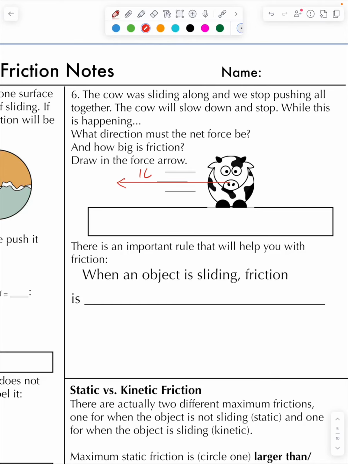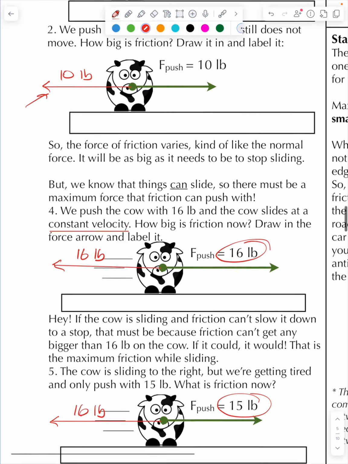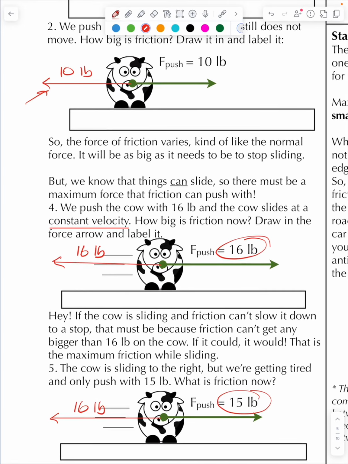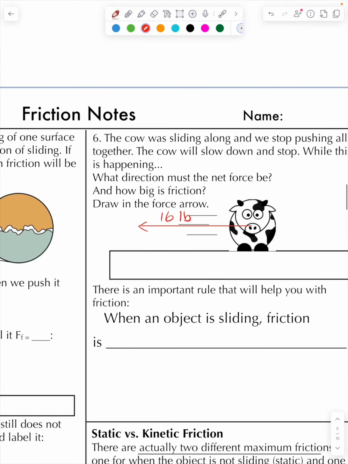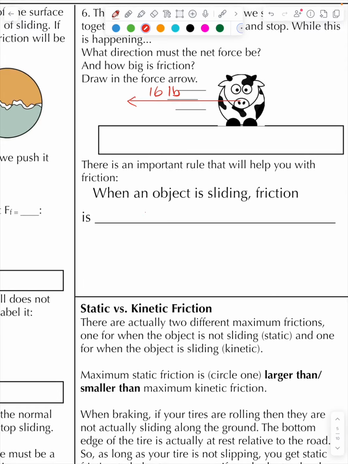As long as we identified from this problem that by pushing at a constant velocity the frictional force is 16 pounds, then as long as the cow keeps moving and doesn't stop, friction will remain 16 pounds. That allows the cow to eventually stop by having this single force, 16 pounds, to the left to slow it down. So when an object is sliding, friction is constant.